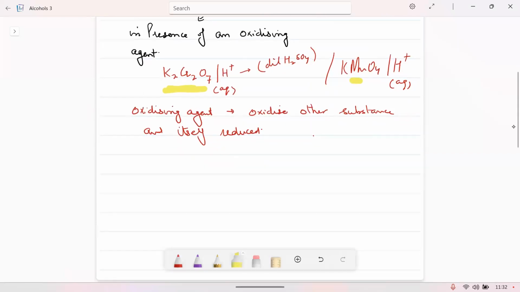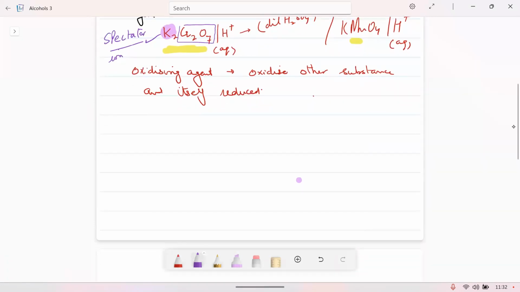Now, here the K is a spectator ion. That means in your exam, they may give you Na2Cr2O7. Nothing changes. The reason is it is Cr2O7 that is the active ion. It is the one that is behaving as an oxidizing agent.